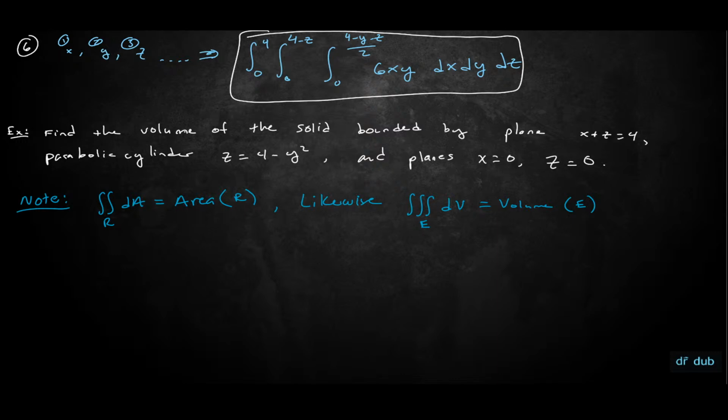Because at that point, in your Riemann sum, you're not multiplying by any density function or anything like that. You're just adding all the volume elements together. So your triple integral then represents the volume of the solid. All right, so solution.